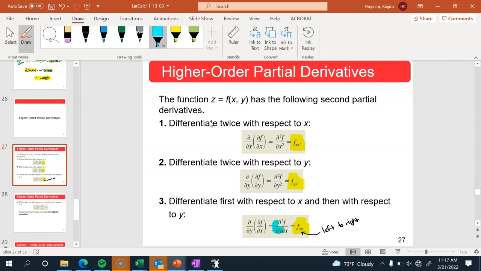If you happen upon this other notation, that is the opposite. The one closer to the right is the one you do first. It's the one on the inside.